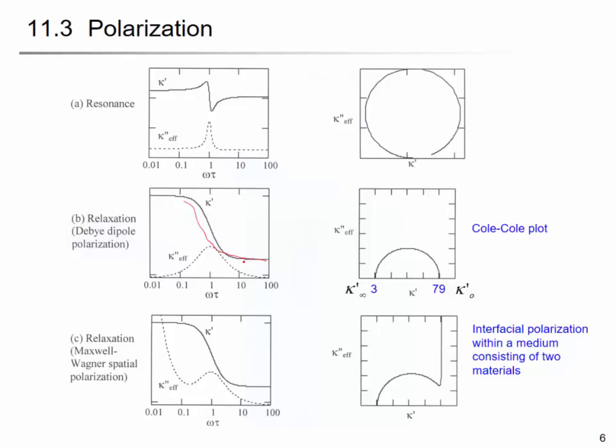Actually, we've seen this one in the Biot-Gassmann equation, right? It's a little bit flipped. In the Biot-Gassmann, you have this kind of Vp naught and Vp infinite, right? So it's just because of the stiffness. But here you have a decrease with the frequency.